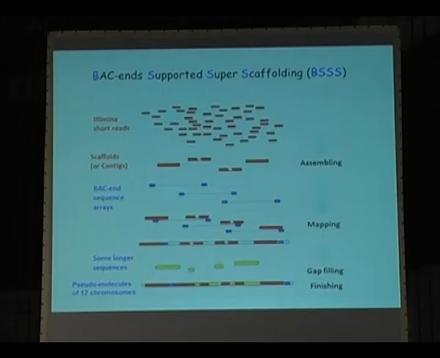Mapping on the BAC-end sequences, we can get longer, well characterized genome sequences. After that, we have to fill gaps using longer sequences, such as 454 long reads, to complete the pseudomolecules.